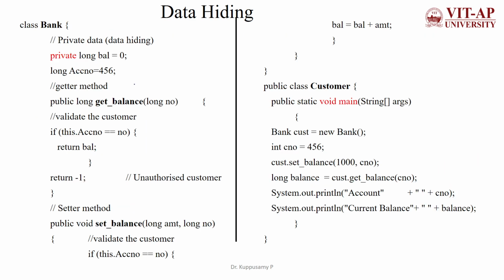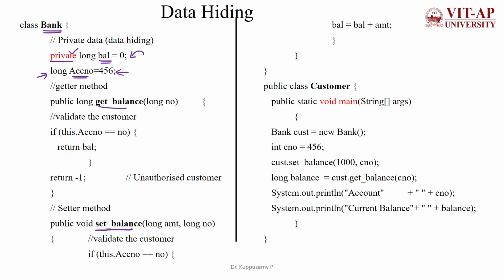Based on this, we see an example by defining the class Bank and creating the variable using the private access specifier, balance equal to 0. Then we create one more variable, acc number, assigning the value 456. It has two methods, the setter method and the getter method, to hide the values.